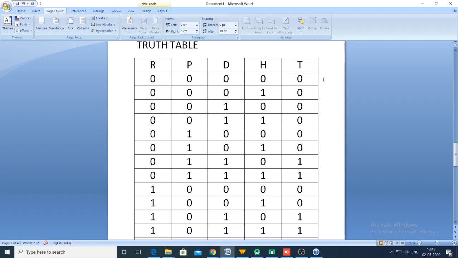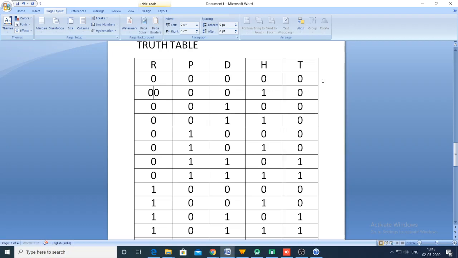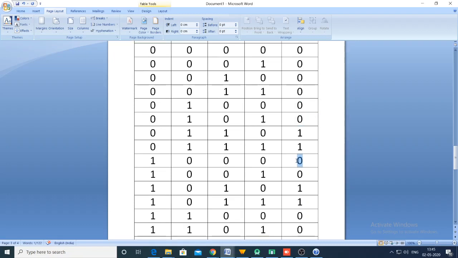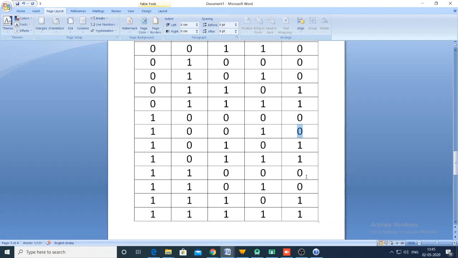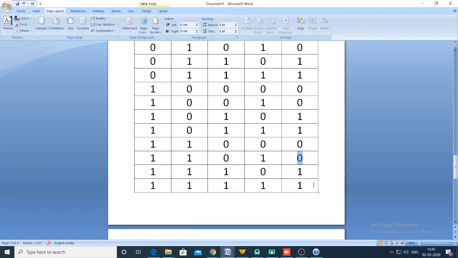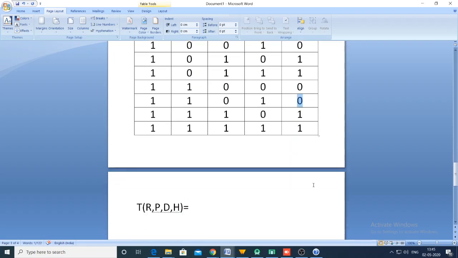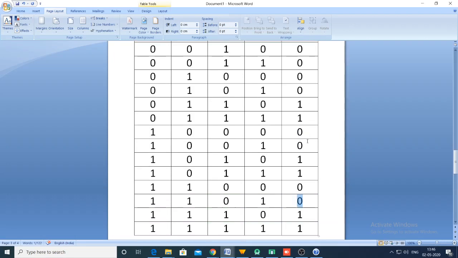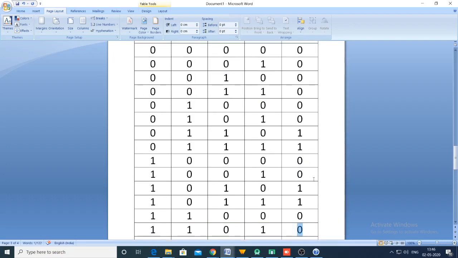Of course, we have studied that this is the 0th term, this is the first combination, this is decimal number 2, then decimal number 3, decimal number 4, decimal number 5, then decimal number 6, decimal number 7, decimal number 8, decimal number 9. I hope so, 16 combinations are there, isn't it?